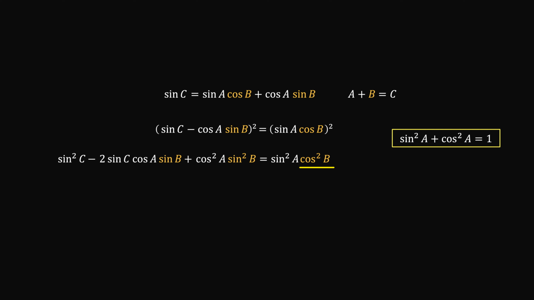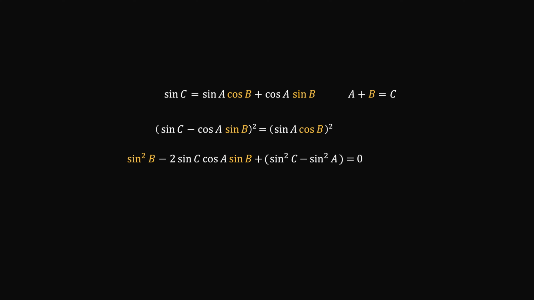Cosine B squared is 1 minus sine B squared. Multiply the terms. Now let's move them to the left. So we have sine B squared minus 2 sine C cosine A sine B plus sine C squared minus sine A squared equals to 0.